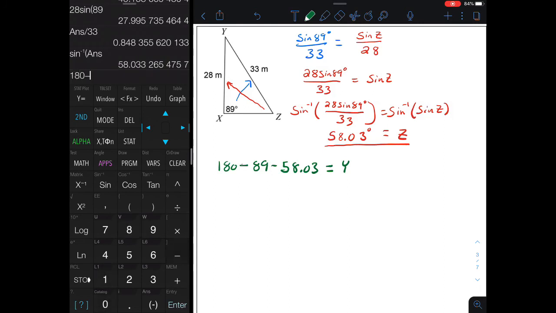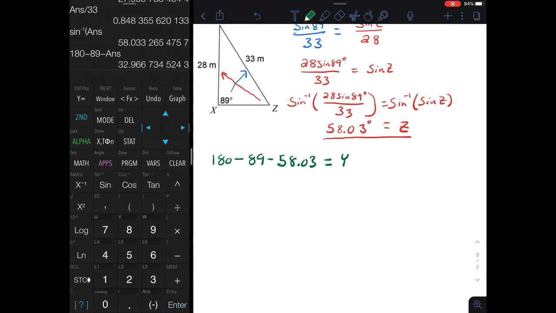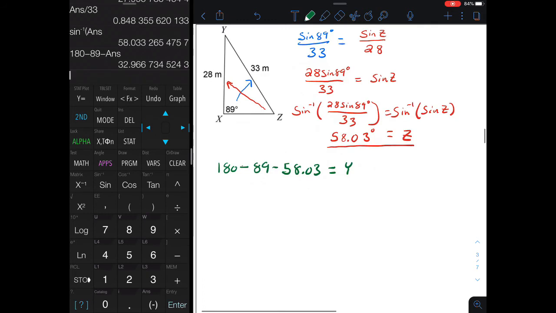So 180 minus 89 minus that whole decimal we got for Z. And I get, and I'm rounding here, angle Y is equal to 32.97 degrees. Now, I still have that whole decimal saved in my calculator because I want to be as accurate as possible to find that opposite side.